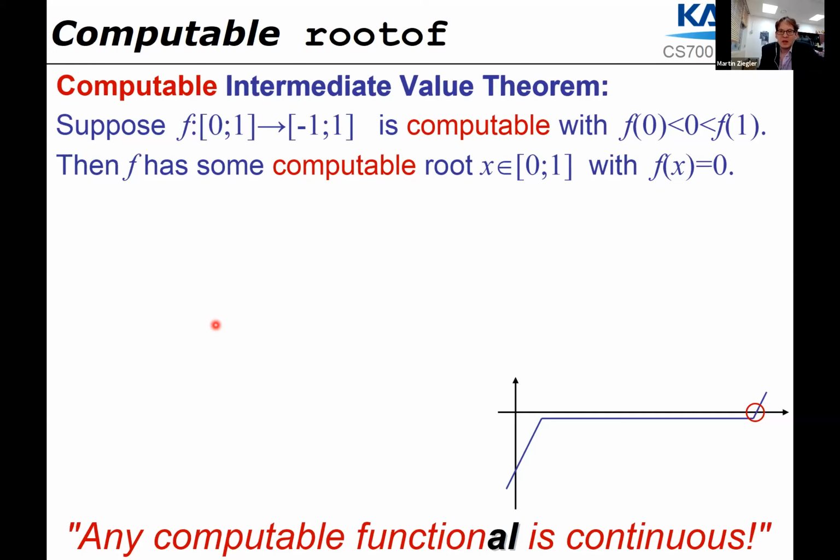Okay, in general it will have many roots, but the good news is there will always be a computable root. Now let's prove this statement. The proof will involve different cases, and there will not be an algorithm to decide which of the cases applies, but we prove that for every fixed such function there exists an algorithm.